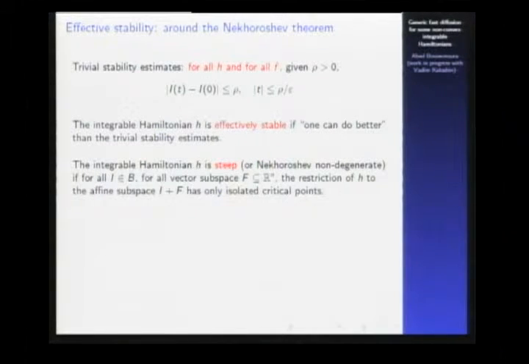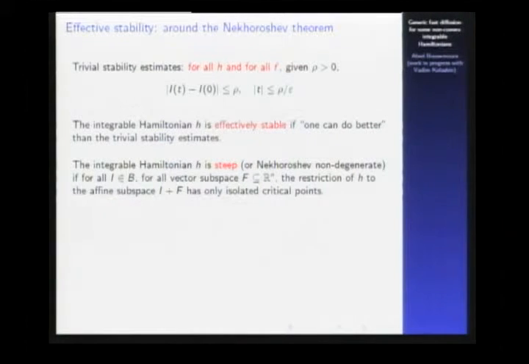The Hamiltonian is steep if for any point I in B, for all vector subspaces F, you look at this affine subspace I plus F. Then you take your integrable Hamiltonian H and restrict it to this affine subspace, and you ask that this restriction has only isolated critical points. Well, that's a definition. In fact, it's a complicated definition if you try to work with it, but I'll come to this point.